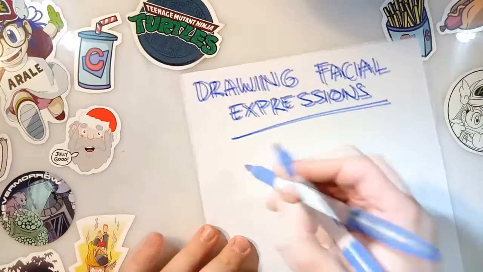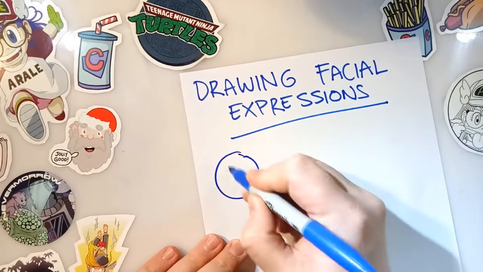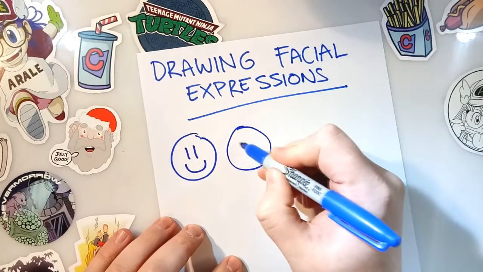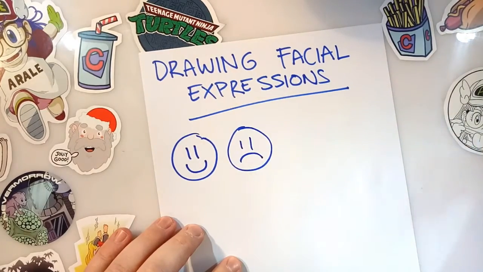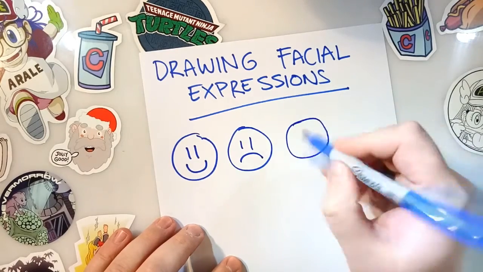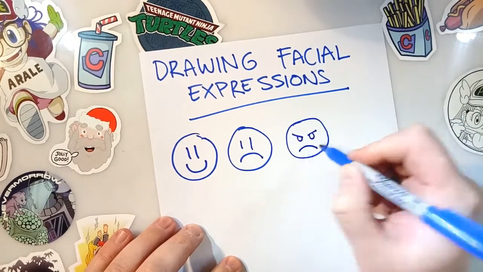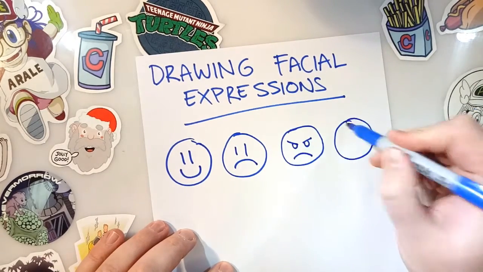So we're just going to do a couple of the standard ones. The first one being happy, of course, and sad. They're sort of your two main ones. Then we move into something a little bit more complicated with mad, and then even annoyed.